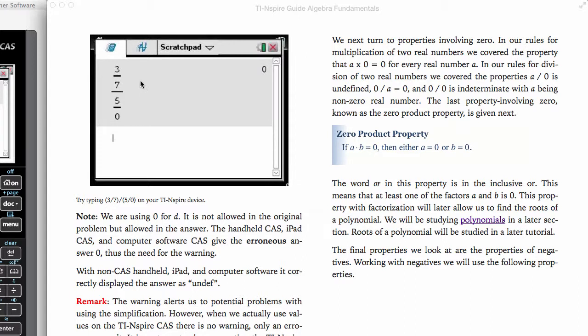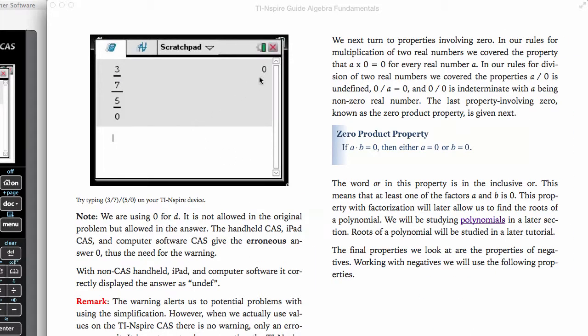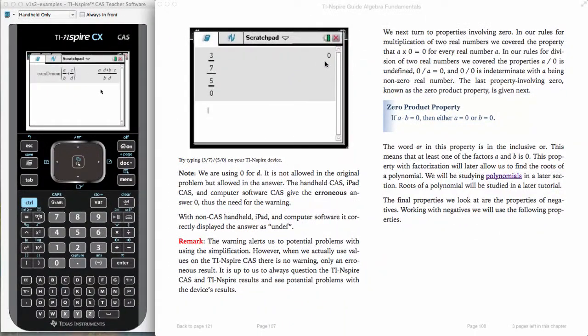And what happens is if we put the problem 3/7 divided by 5 over 0 into our calculator, it will tell us the answer is 0, because what it did was it used the simplified form to substitute in. So we again have to watch out when it has a warning. When we actually work the problem out, we will get an erroneous answer. Okay, that's going to end our little illustration for chapter 2.